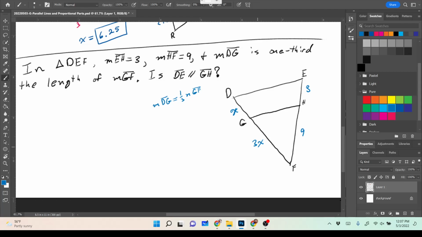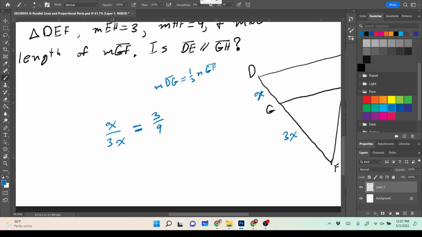So let's set up a proportion. X over 3X equals 3 over 9, I think. Right? Perfect. And we need to see if this works out. So what are we going to do?